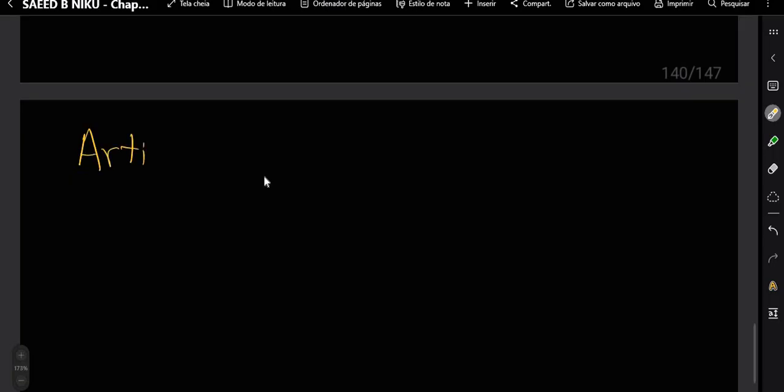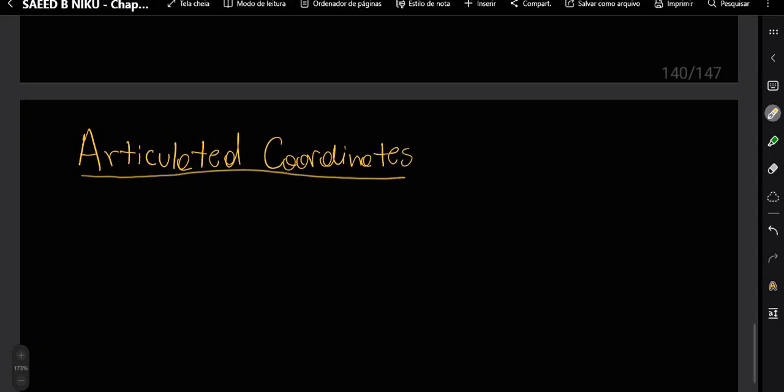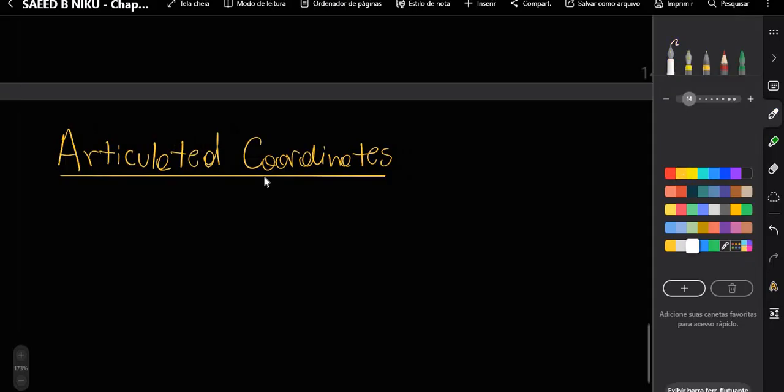Articulated coordinates. Okay, so I will use the content of the book.